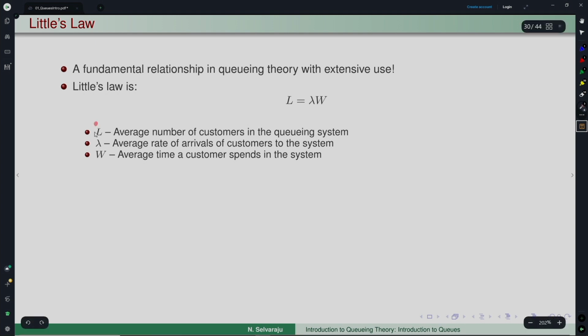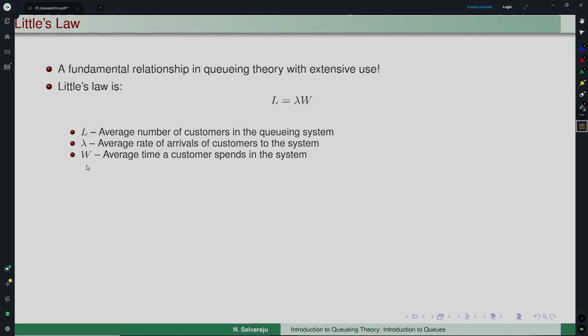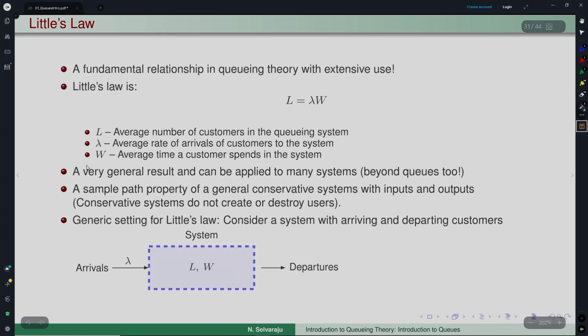Okay. So, as you know, what L, lambda and W mean is given here. This is a very general result and can be applied to many stochastic systems beyond queues; basically, any conservative system with inputs and outputs. You can use this result.